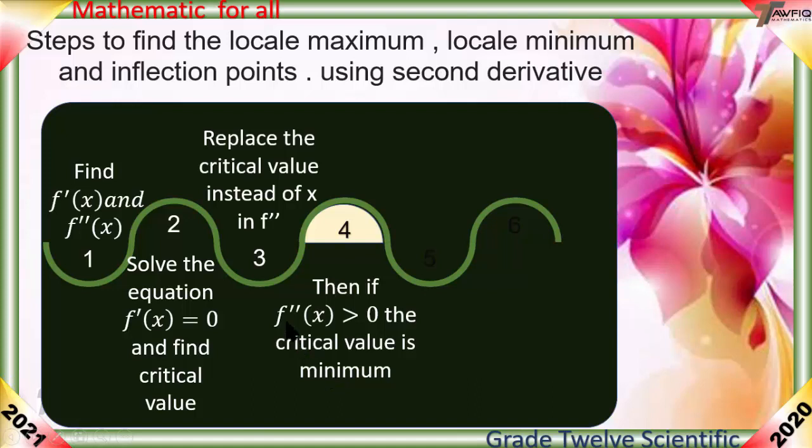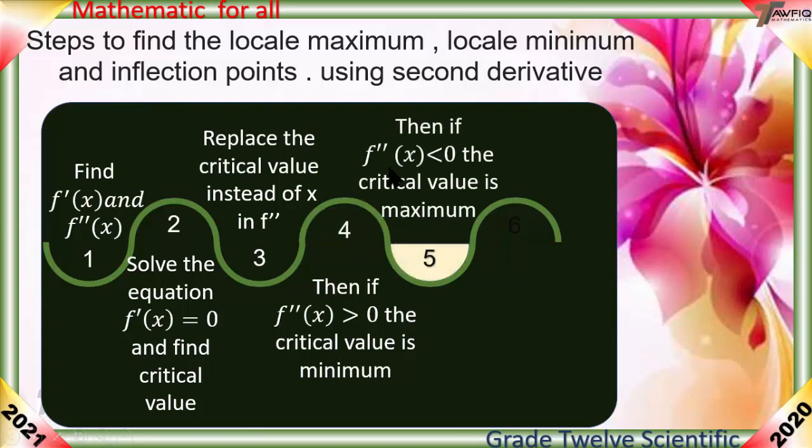And if the second derivative is bigger than 0, that means its value is positive, then the critical point is a minimum point. And if the second derivative is less than 0, that means it is negative, then the critical value is a maximum value.